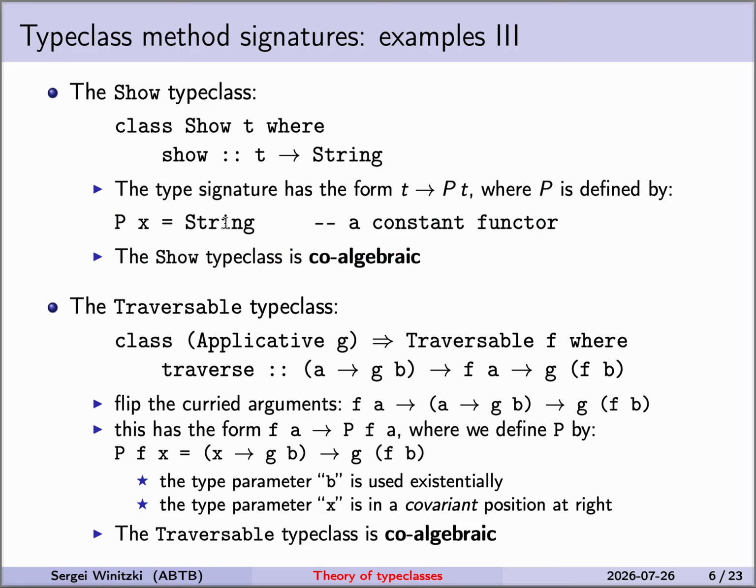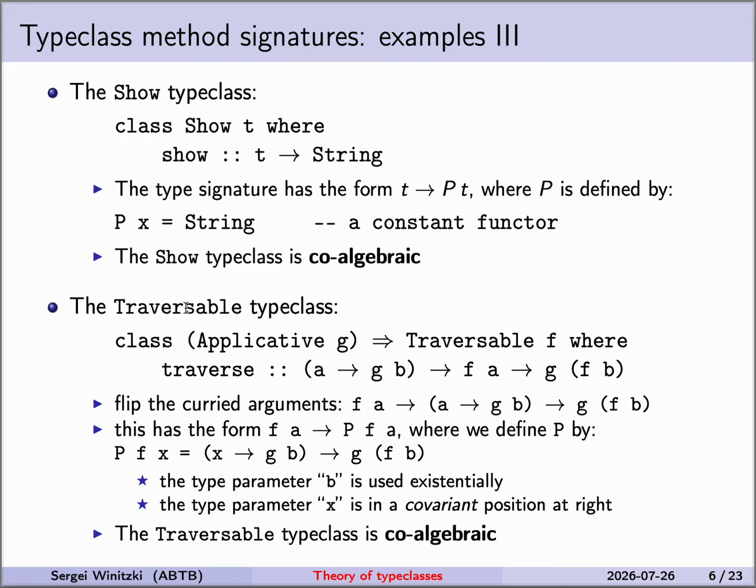And that is allowed, that is not a problem to have that. So the show type class is co-algebraic, but it is not algebraic because we cannot represent this type signature in the form pt to t. There's no t at the end. We cannot change that type signature equivalently to a type signature of the form pt to t.